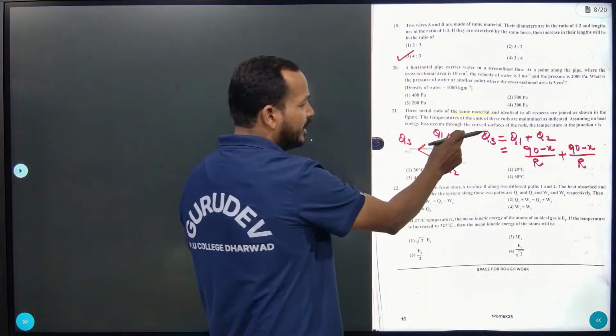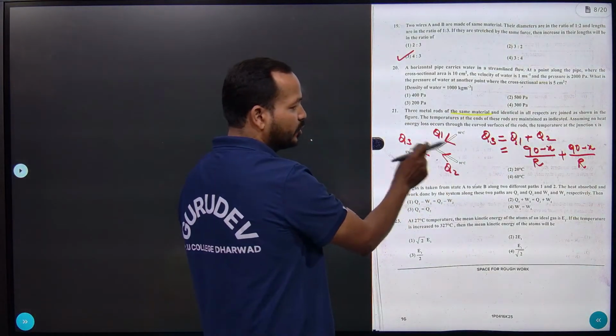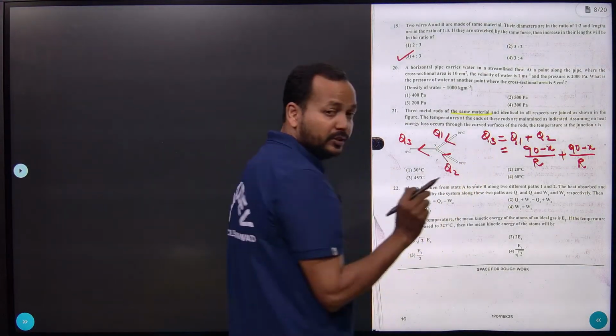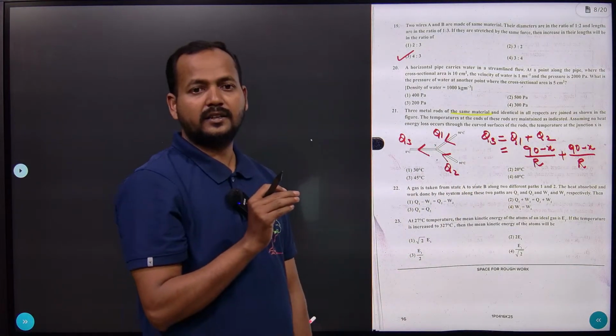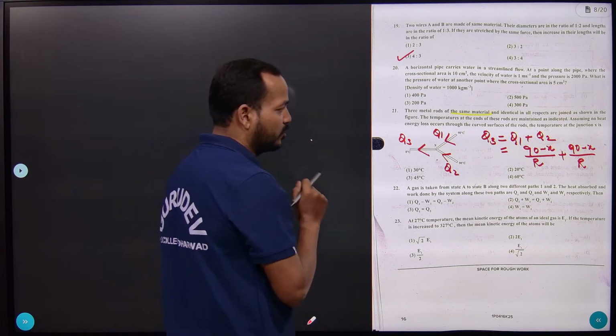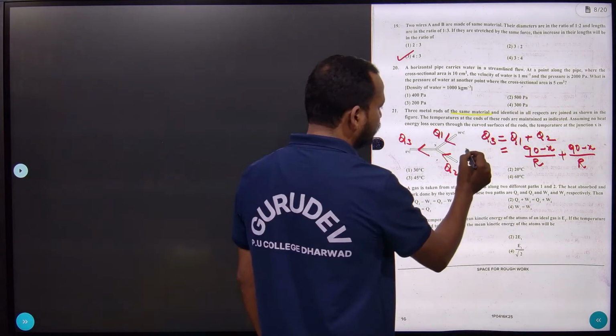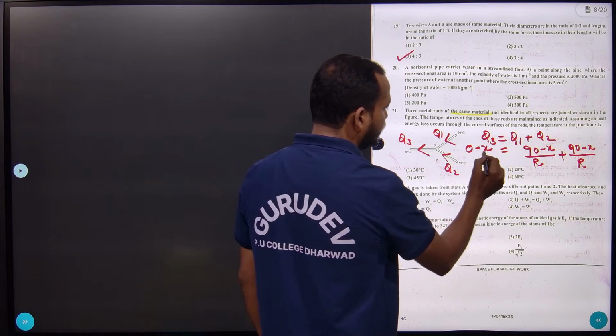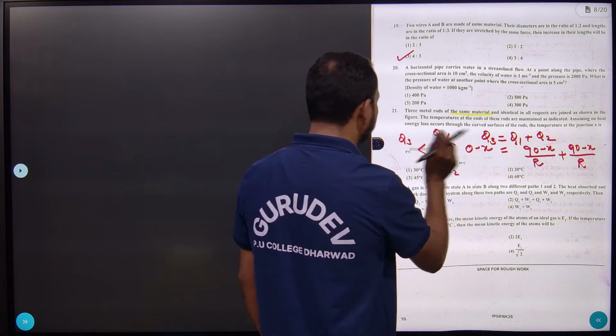So both sides are the same, 90 on this side and 90 on that side. At point x, we can assume it like Kirchhoff's current law, so accordingly we can add these. Then this is equal to 0 minus x, sorry, x minus 0 should come.